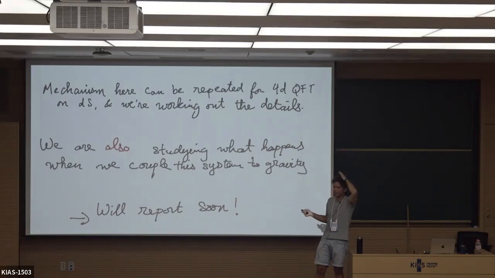So the only thing you have to confront to see this symmetry being restored by quantum gravity effects is to understand the topology changing operations. We're trying to understand that a little better, so we'll report on that soon. That's what I had to say.